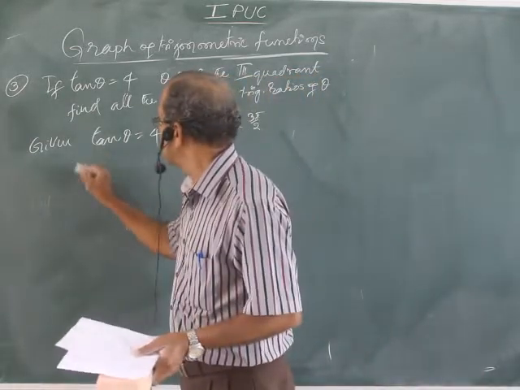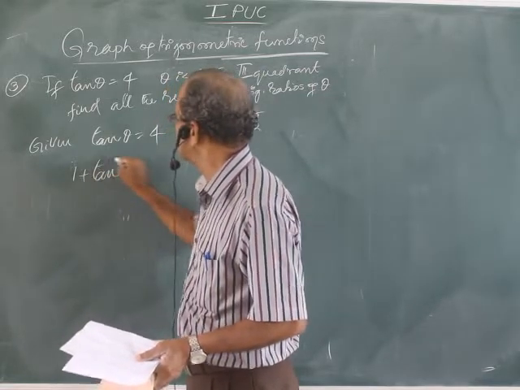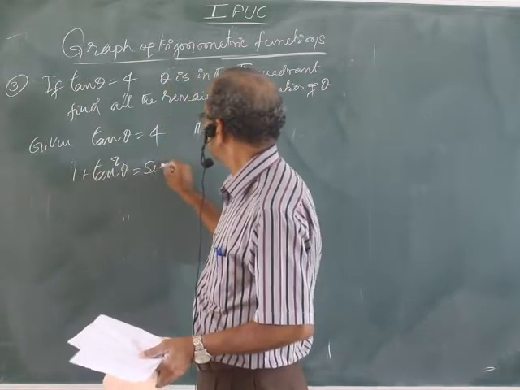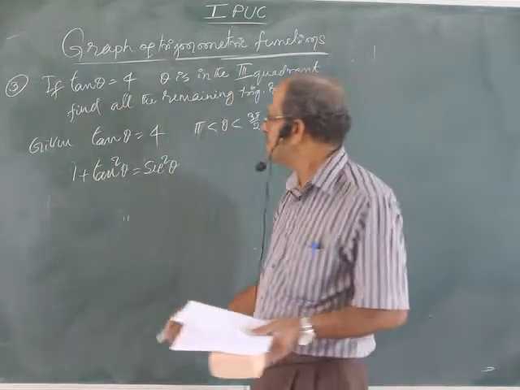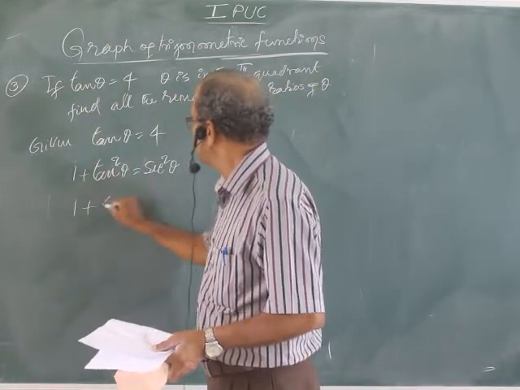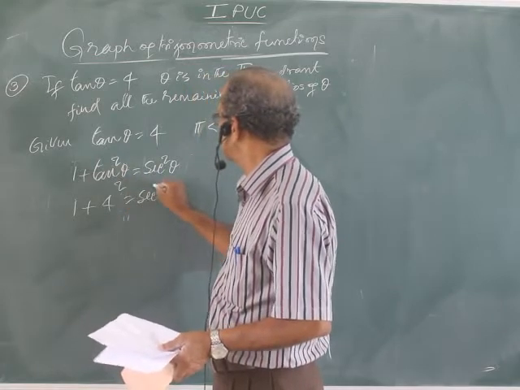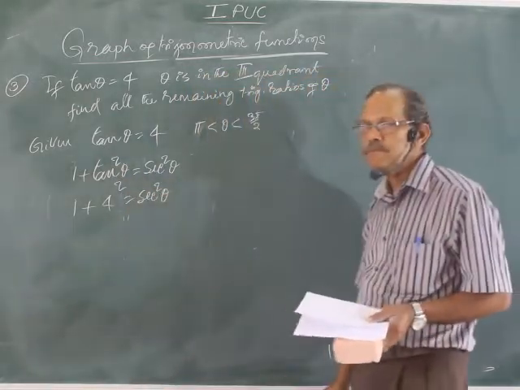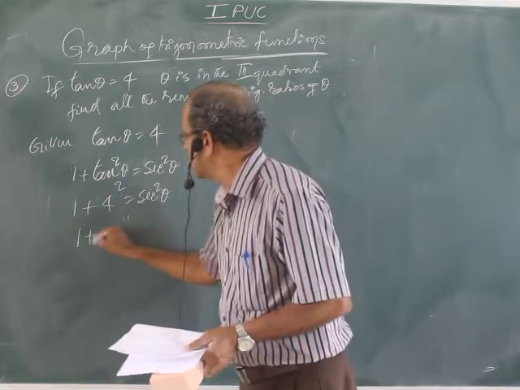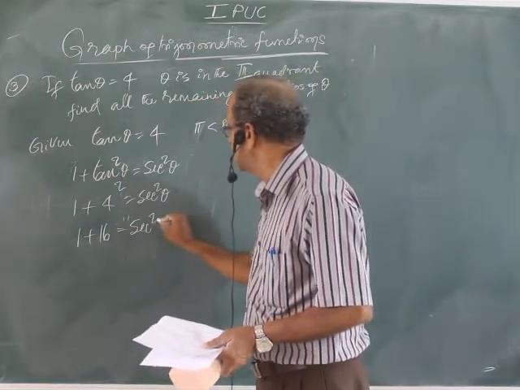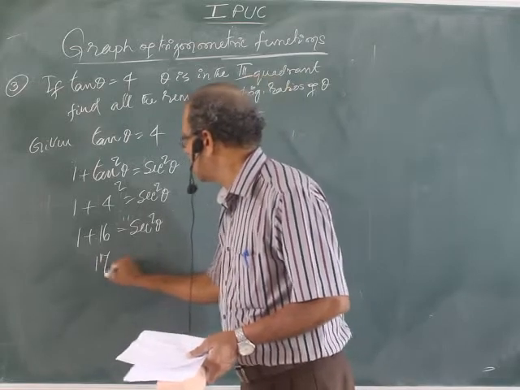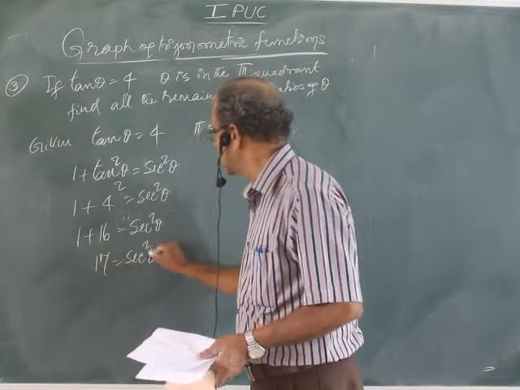Now, using the identity 1 plus tan square theta equal to secant square theta, only using the identities we are doing. 1 plus 4 square equals secant square theta. 1 plus 16 equals secant square theta. 17 equals secant square theta.